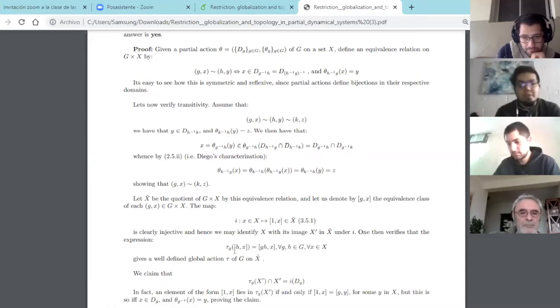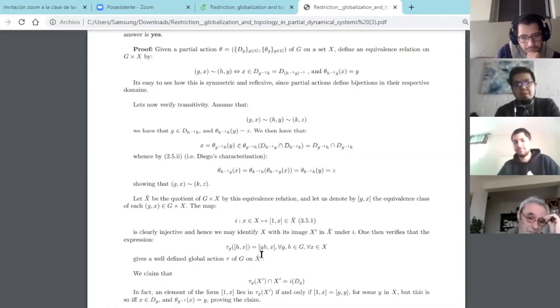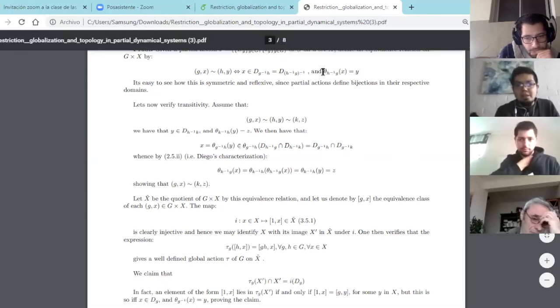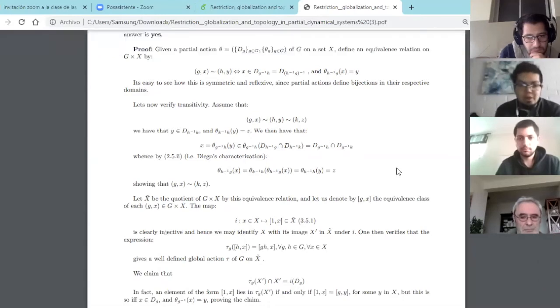But if we had another representative of the class, like (k, y), and we put g acting, we will have gk acting on y, and it will be just adding here the theta sub k, right? And it behaves well with this relation.